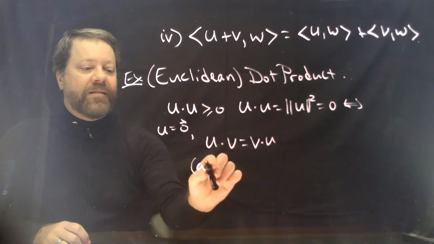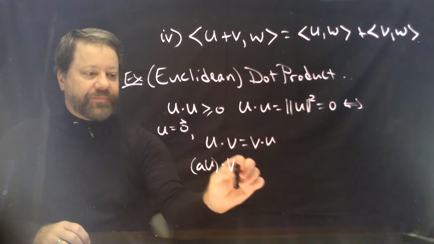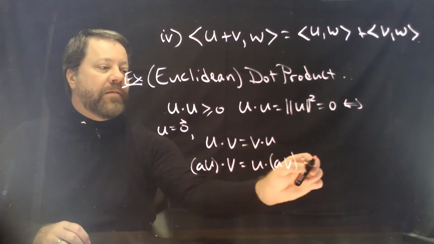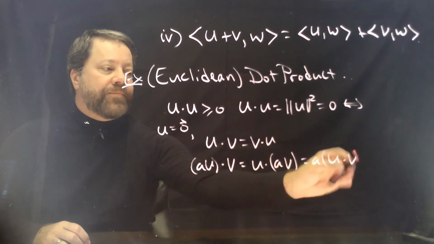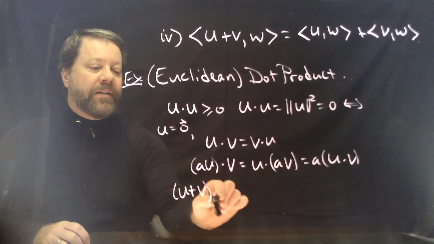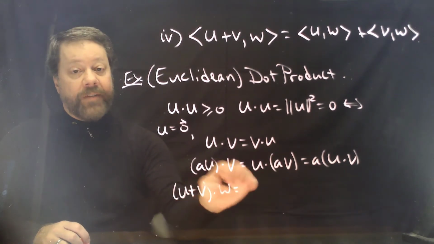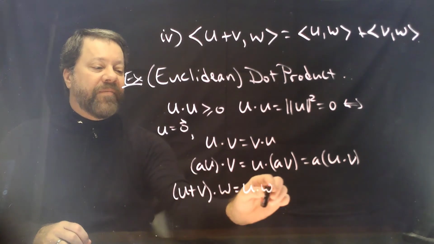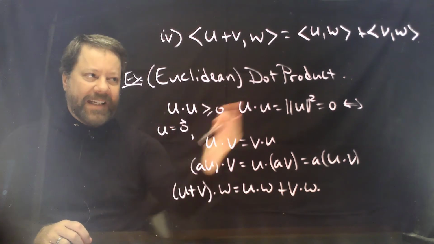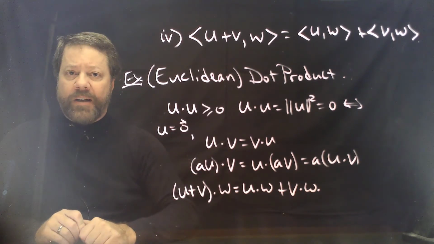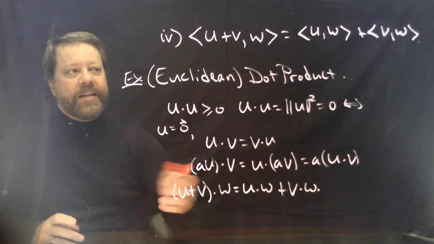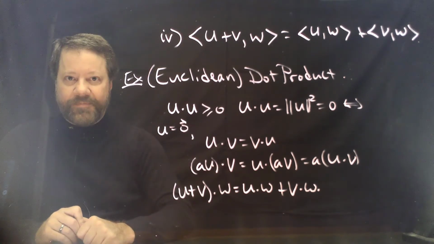Any scalar factor can be put on either of the two factors. And if you have u plus v dotted with w, you can use a distributive property. So the Euclidean dot product that you all learned about in various places, including Calculus 3 and Pre-Calculus, is an example of an inner product.